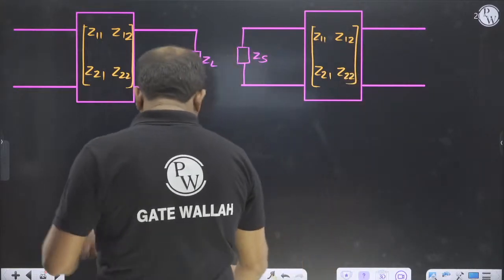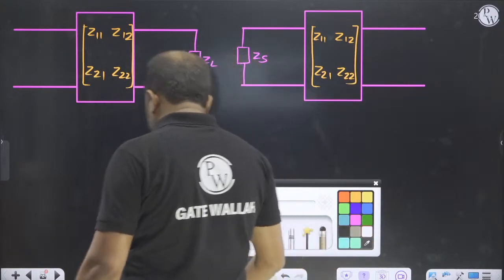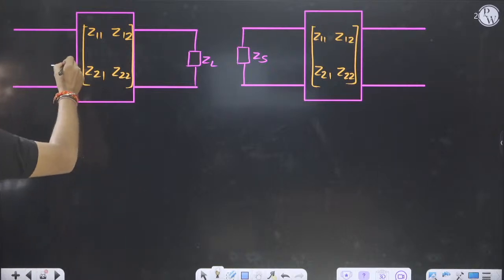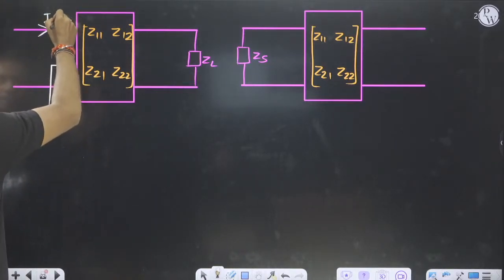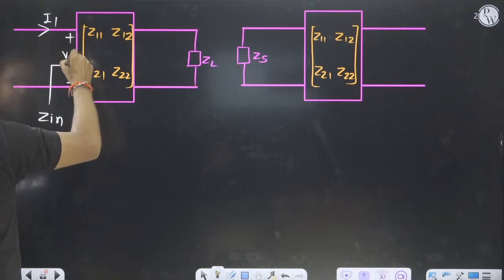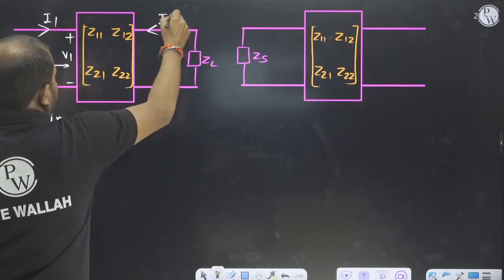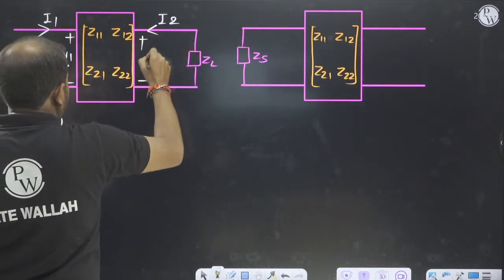What are we going to find out? First of all, Zin. Here current I1, here voltage V1. Here current I2, here voltage V2.